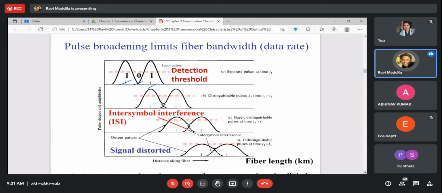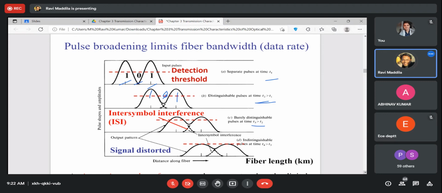After a certain distance, at a time t2 which is greater than t1, the pulses are distinguishable. If you are trying to receive the signal at t2, then the receiver says that it has received a 1, a 0, and a 1.